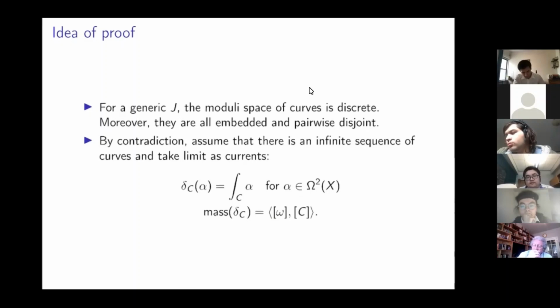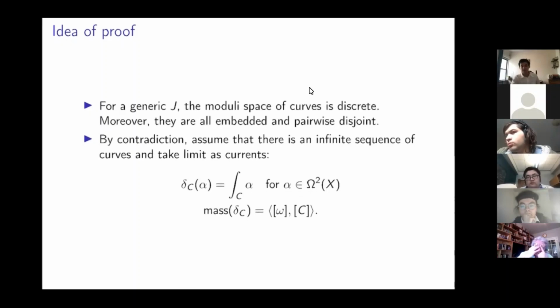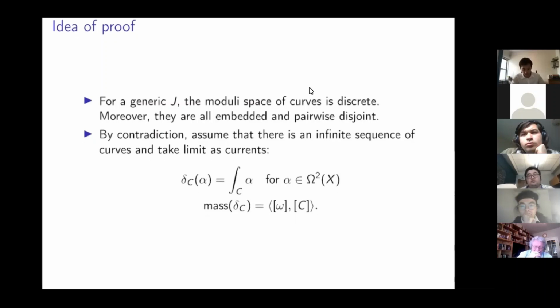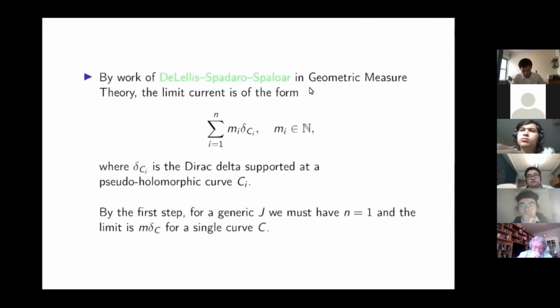If you have such a sequence of currents, the Federer-Fleming compactness theorem in geometric measure theory tells you that you can pass to a subsequence which converges weakly to a current which is integer rectifiable.